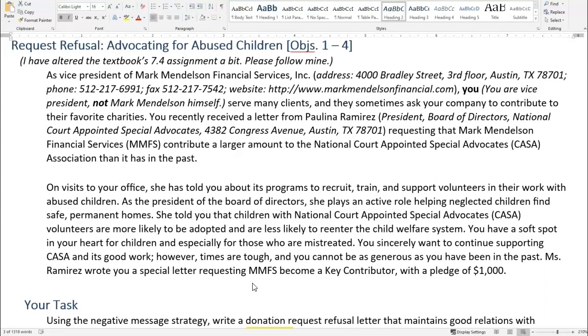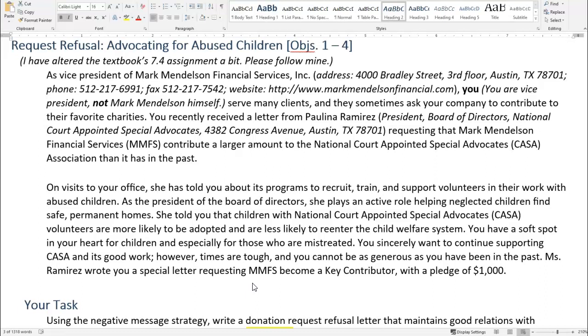So this is talking to you. You know that you guys are having tough times and you can't be as generous as you've been in the past. And Ms. Ramirez wrote you a special letter requesting that MMFS become a key contributor with a $1,000 pledge.